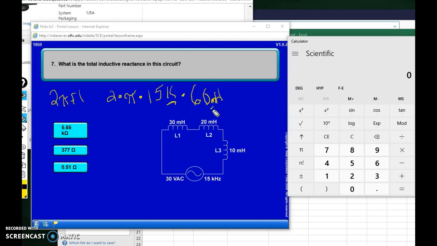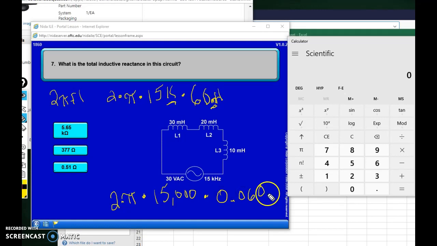Now, milli means 10 to the negative third, K means 10 to the positive third. So these units are going to cancel each other out. But we can also use the base units, and we're going to arrive at the same answer. So I'm going to perform it both ways, just so you see. 2 times pi times 15K, which is 15,000, times 60 millihenries, which would be 0.060.